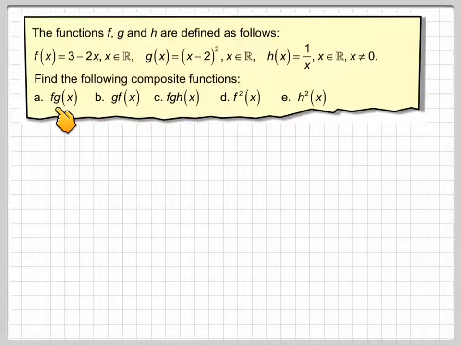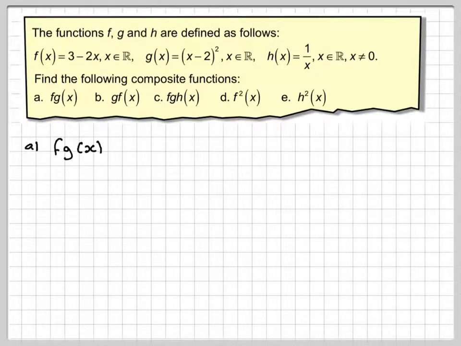We're asked to find the following composite functions: fg of x, gf of x, f of g of h of x, f squared of x, and h squared of x. Just one thing you need to be careful of is, when you are combining the composite of two functions, and here in this first case you would first do g and then do f, the range of g must be in the domain of f.